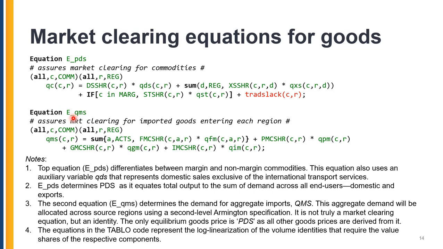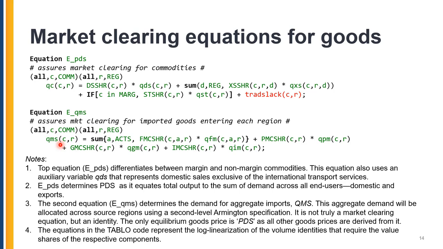We mentioned a little bit that you need a market clearing for the trade, and because it's right below there, and because I borrowed this slide from someone else who uses it in the advanced course, I wanted you to see that this structure gets repeated. So you move to quantity of imports into a region.